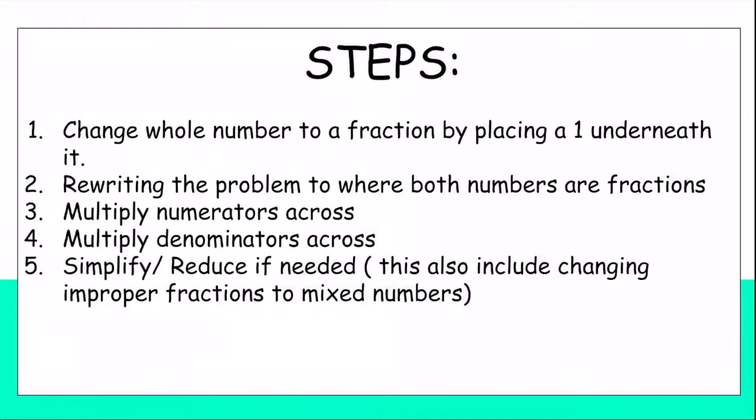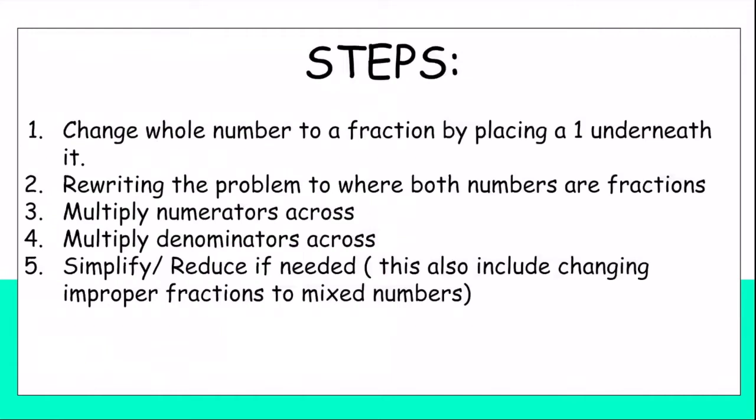Next, to help us stay on track, we need to rewrite the problem to where both numbers are fractions. So if I have 6 times 3/5, I'm going to change my 6 to a 6/1 and then times 3/5. So I'm changing both fractions, making sure they both line up with each other.